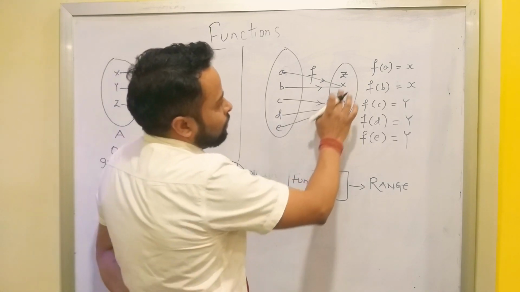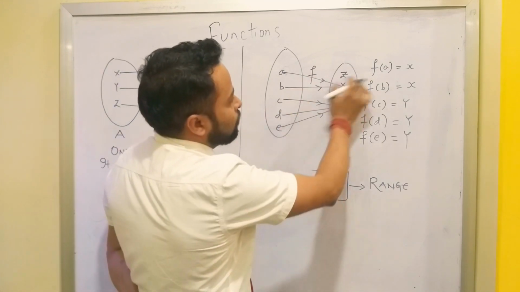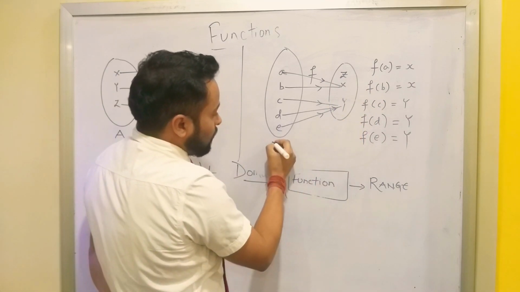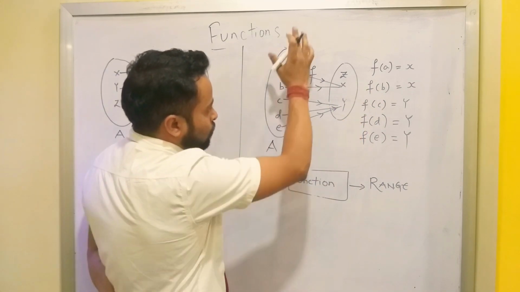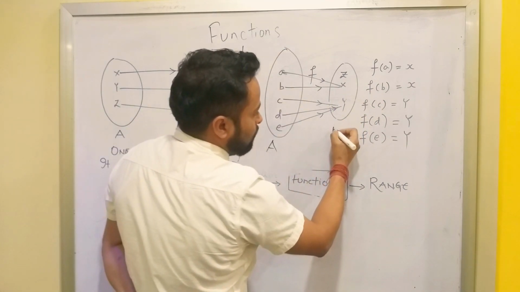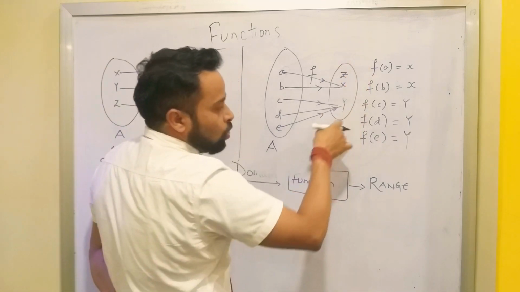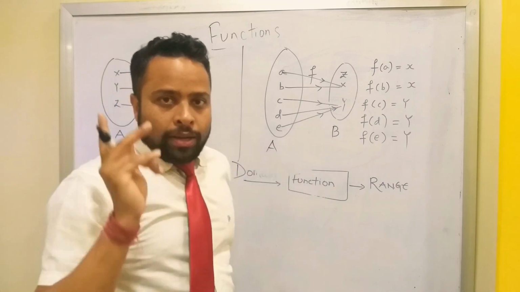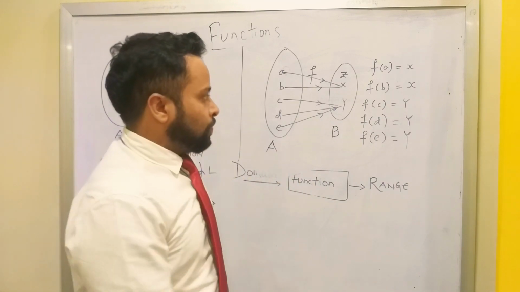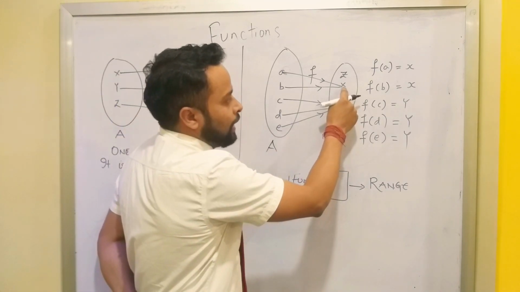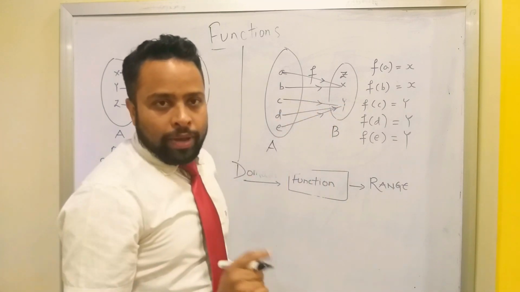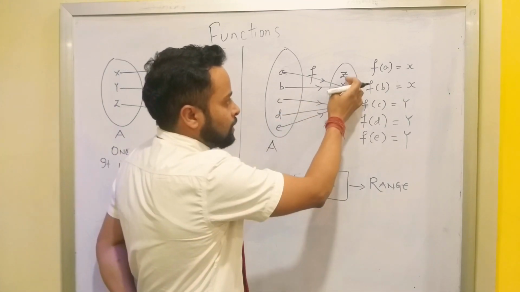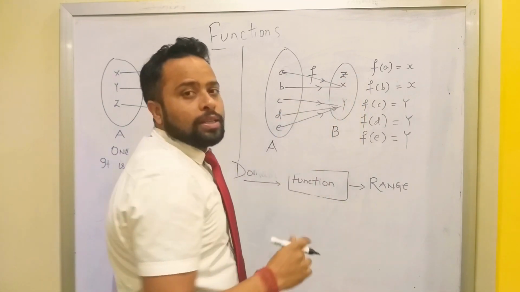Now, if it is not mapped, you can understand that if set A is your domain set, and set B is your codomain set, there's a difference between range and codomain. Your range set has only x and y, whereas your codomain set has x, y, and z.